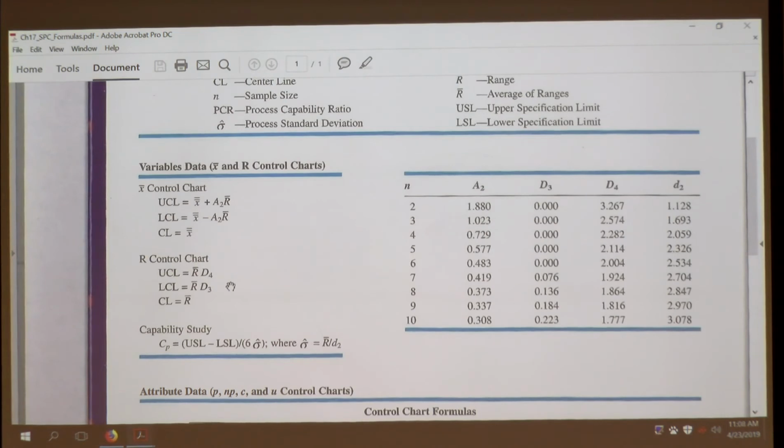Here, for the capability study, capability is the upper specification limit minus the lower specification limit divided by 6 sigma hat. Sigma hat is the estimation of the process standard deviation. So sigma hat equals R bar divided by D2, and D2 is right over here, and based on different sample sizes, you estimate the sigma hat in different ways.